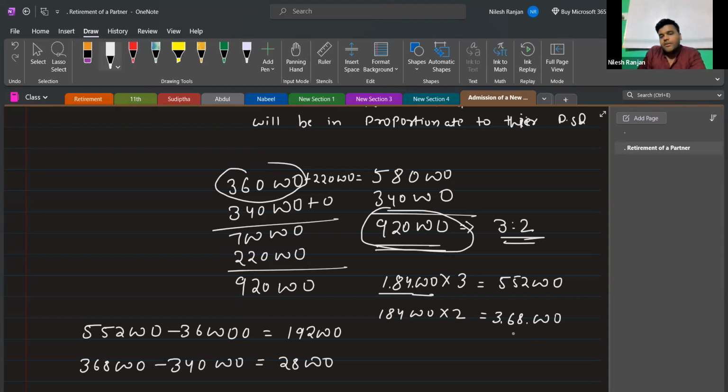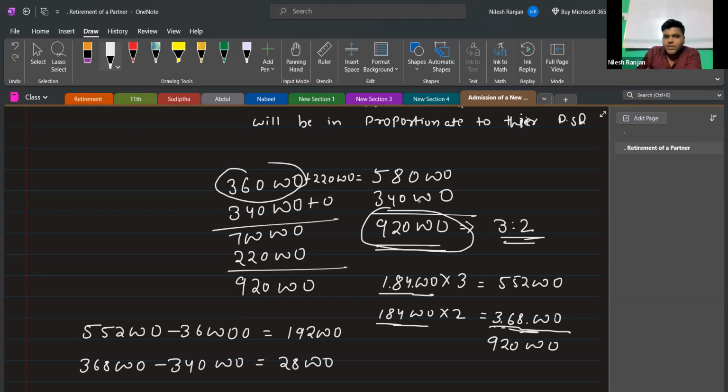And if you divide it by 2, you will get 1,84,000. That is proportionate, 3:2. How did you find this 1,84,000? Actually, I have divided this into 3:2.